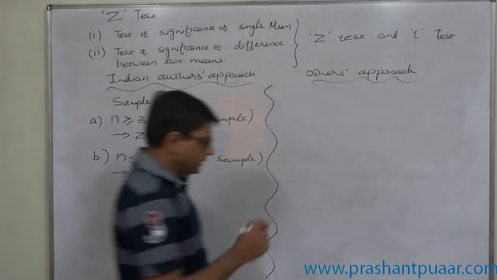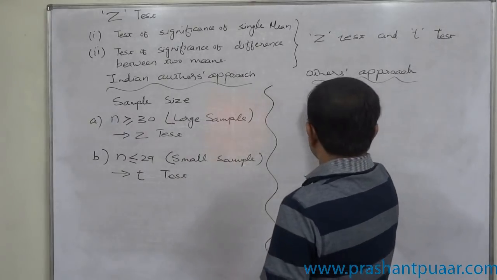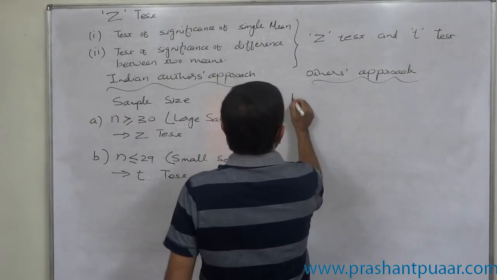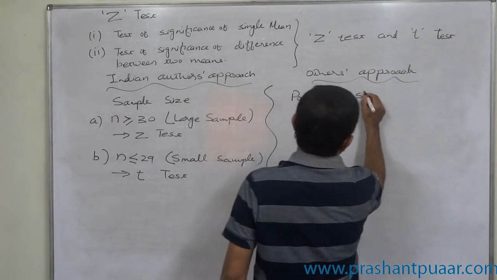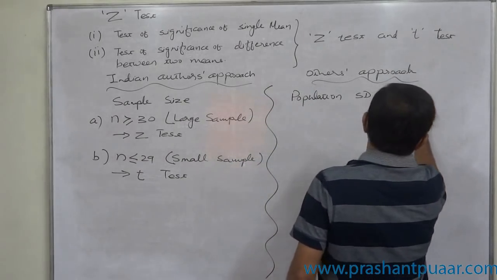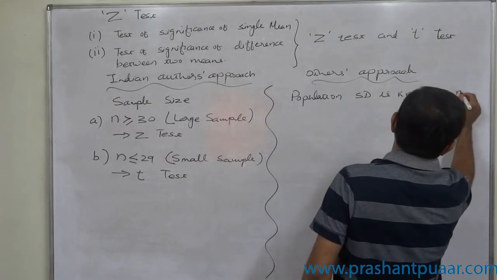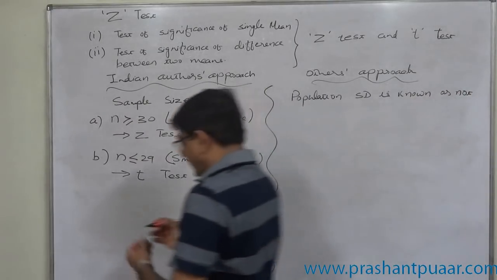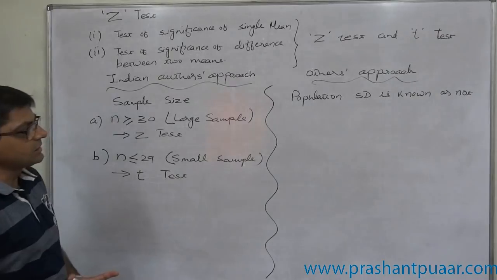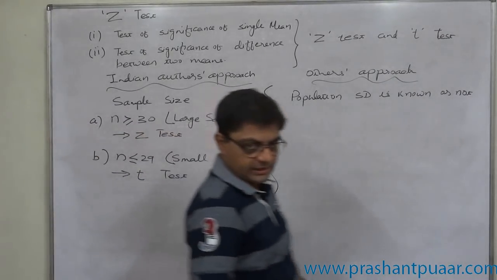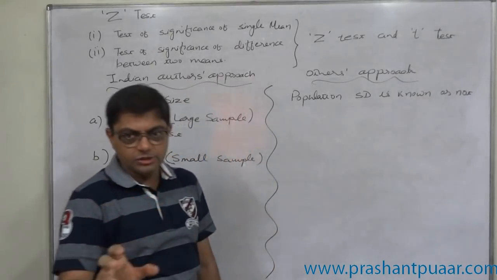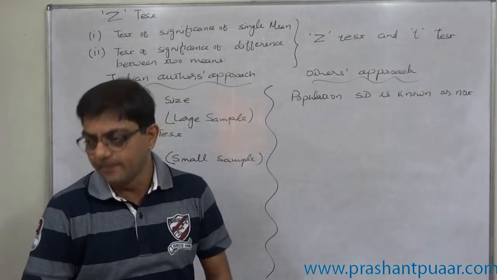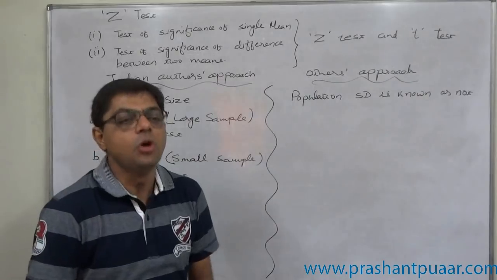On the other hand, the other approach says population standard deviation, or say population variance. They give importance to the fact that population standard deviation is known or not. That means the standard deviation of the population from which the sample or samples have been drawn is known or not.